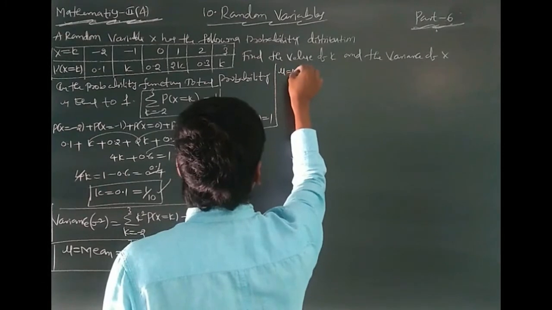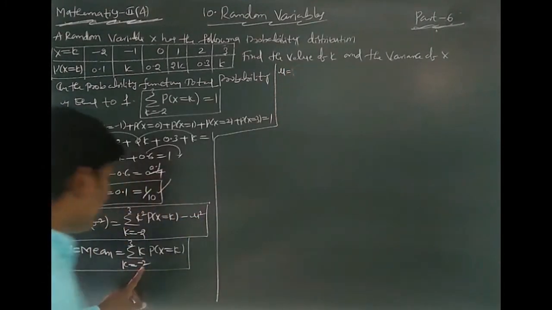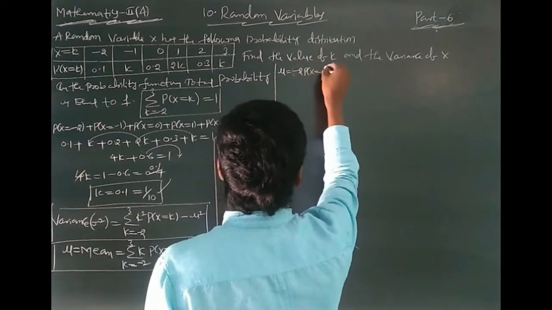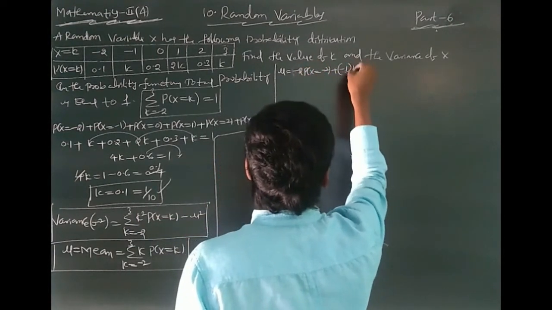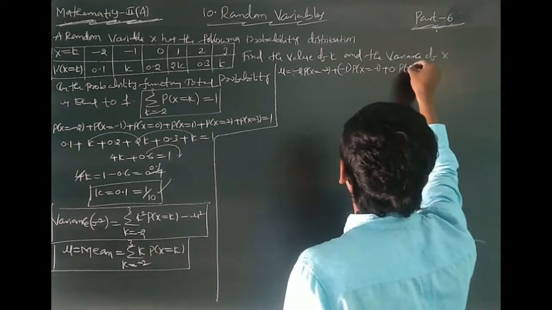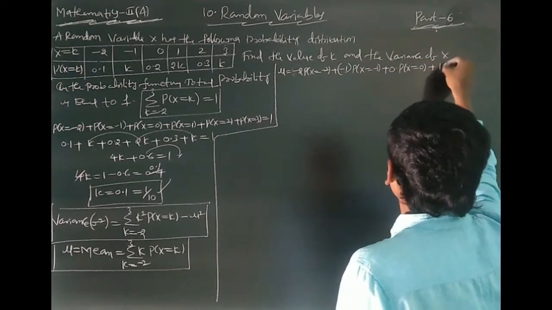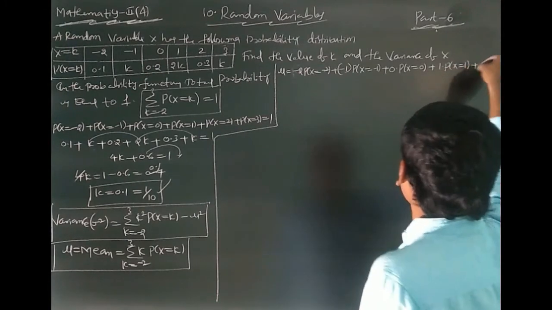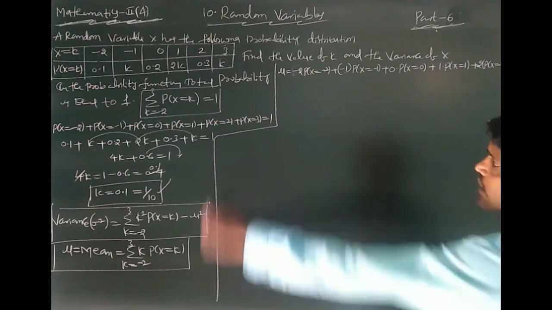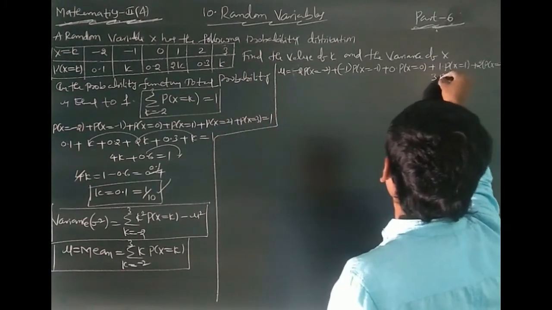After that, see students, in this problem, you can write mean. Mu is equal to, first you can write the value minus 2. Minus 2 into p of x is equal to minus 2, minus 1 into p of x is equal to minus 1, 0 into p of x is equal to 0, plus 1 into p of x is equal to 1, plus 2 into p of x is equal to 2, understand? Plus 3 into p of x is equal to 3.